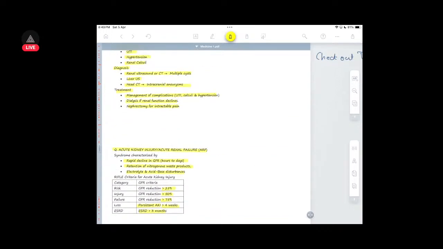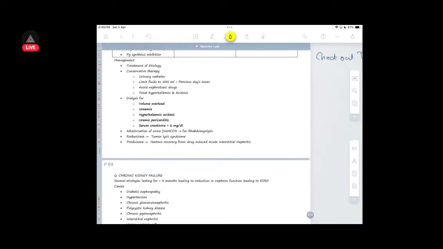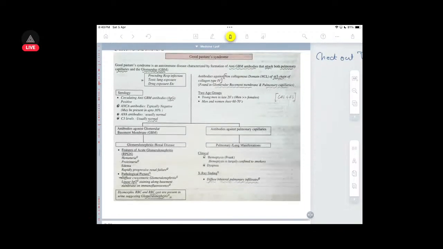All of this you have to redo. This is not correct. CKD also I'll redo.